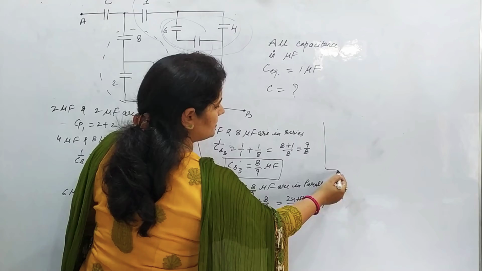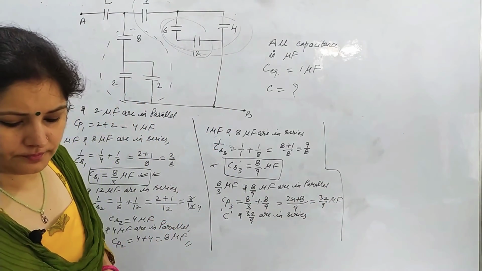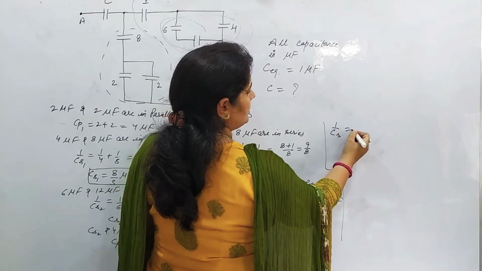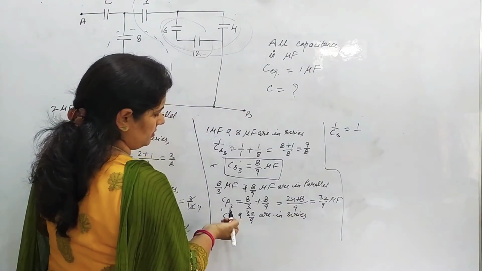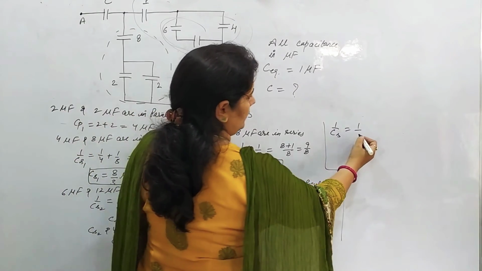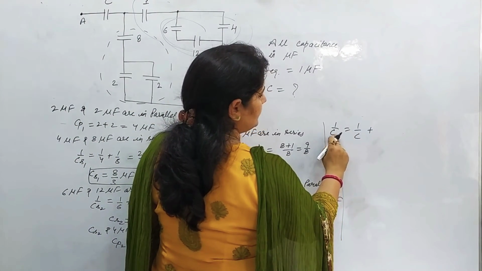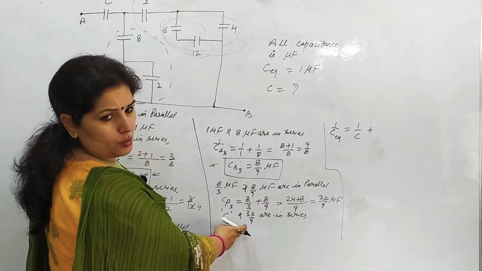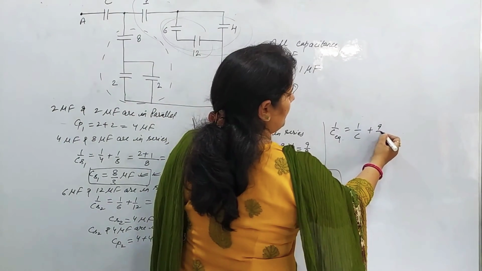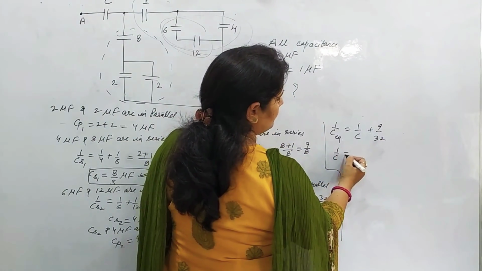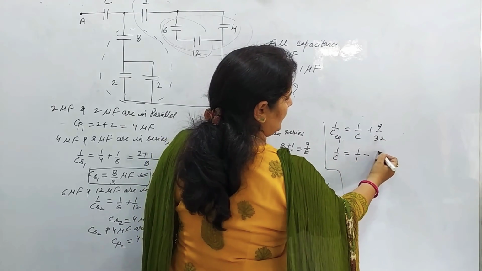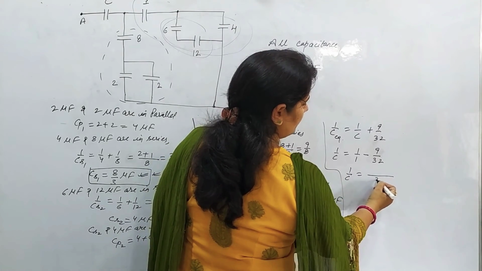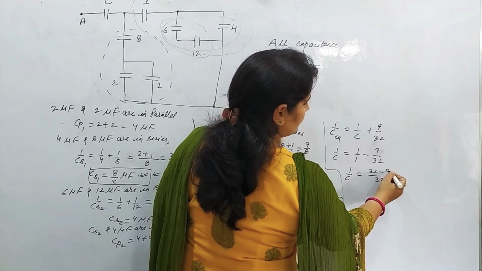So when we solve it in series, so 1 upon CS is 1 upon C plus, rather than CS we will write down an equivalent. Equivalent is given to us. Plus reciprocal of 32/9. So this becomes 9/32. So 1/C comes out to be, इसको minus करेंगे 1/1 minus 9/32. 1/C comes out to be 32 minus 9.